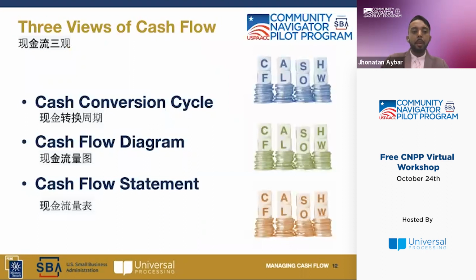So there are a couple of cycles that we have to take into consideration to understand the cash flow statement. First is the cash conversion cycle, the cash flow diagram, and the cash flow statement. So the cash flow cycle tells us a different story.